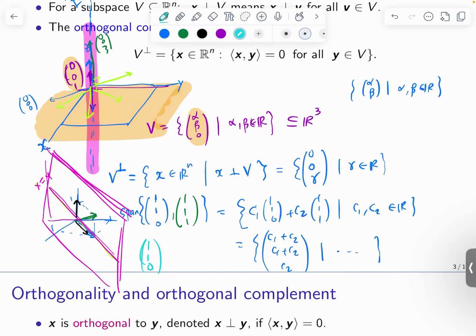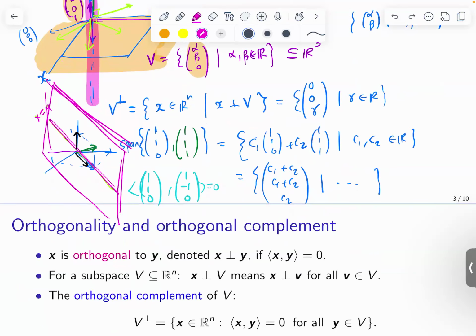And I would need, for example, (1, -1, 0), which would be orthogonal to this. And this vector is also going to be orthogonal to the other one. So it's orthogonal to both elements that generate the space. Let me verify that (1, -1, 0) is orthogonal to both.